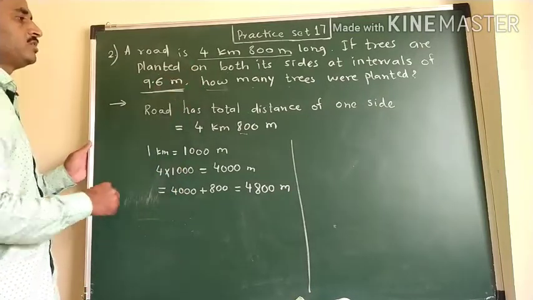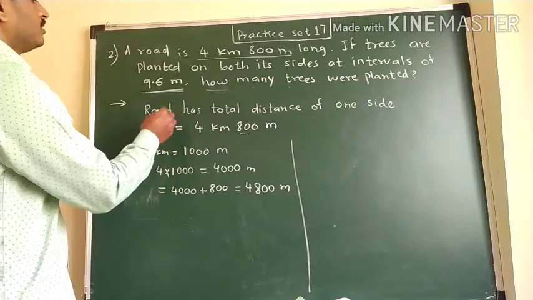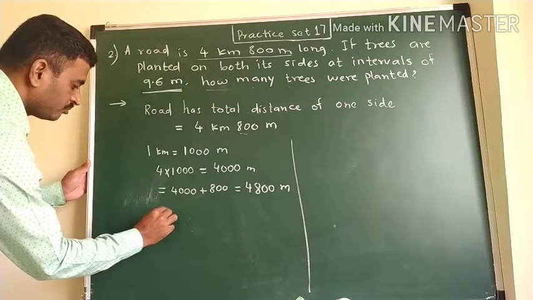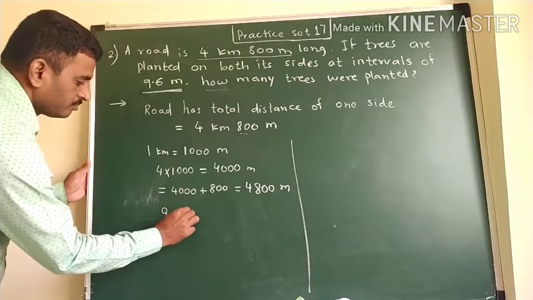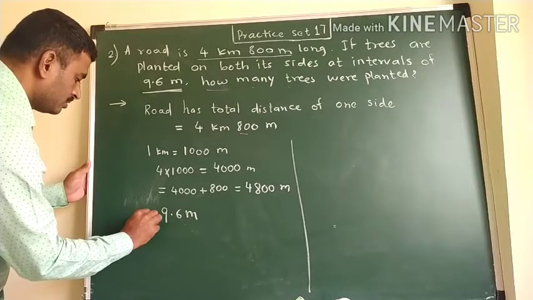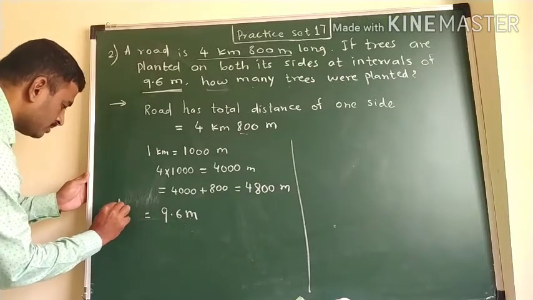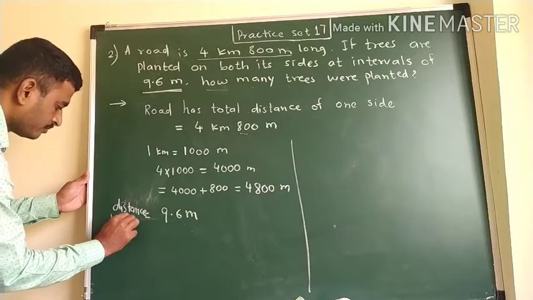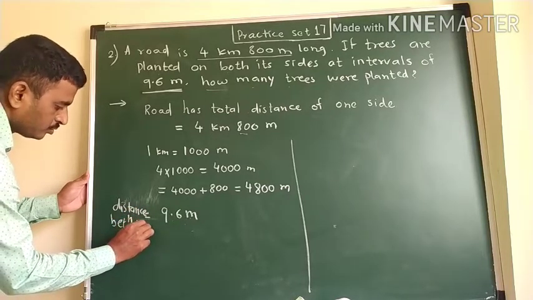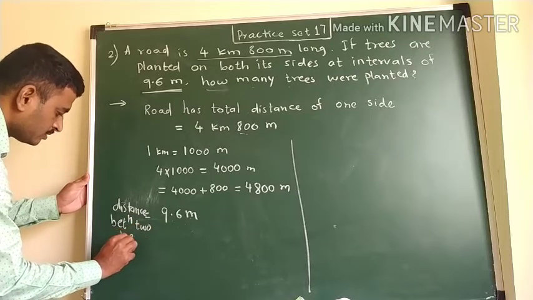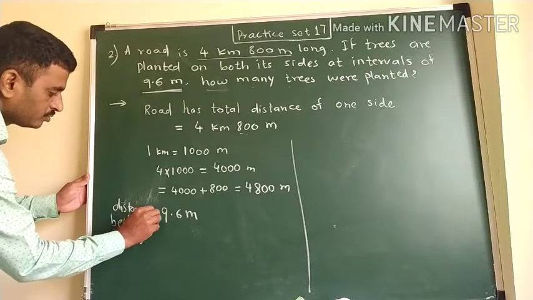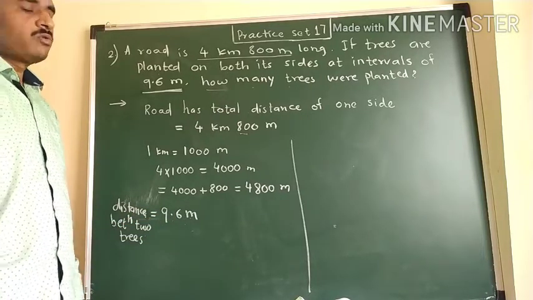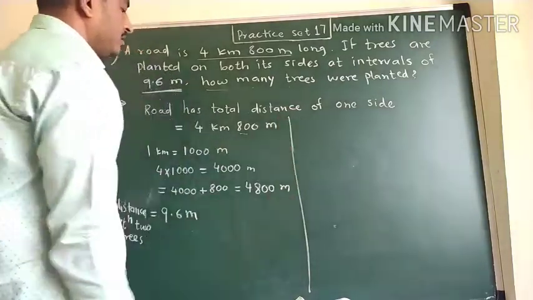Now the interval means a distance they have given, that is 9.6 meter. The distance between two trees is equal to 9.6 meter. Now we have to find out for one side first how many trees we can plant.